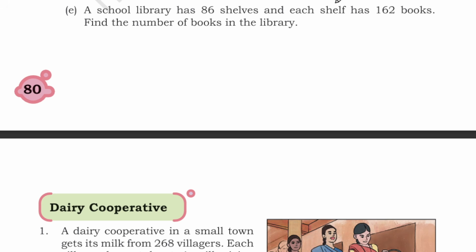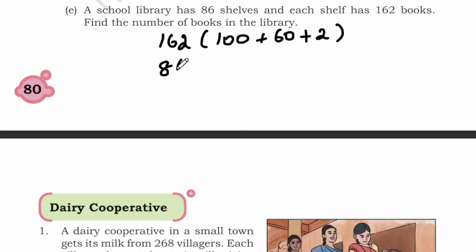So first 162. So 162 can be written as 100 plus 60 plus 2. Next we have 86. 86 can be written as 80 plus 6.